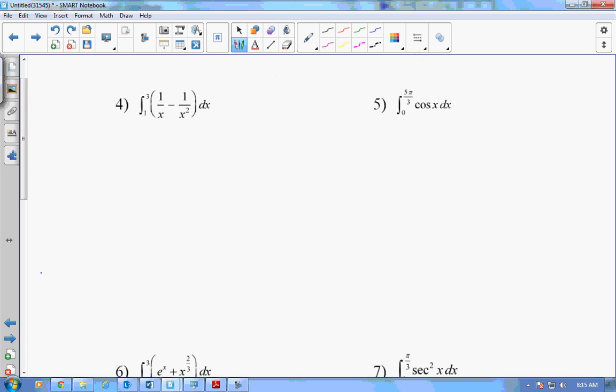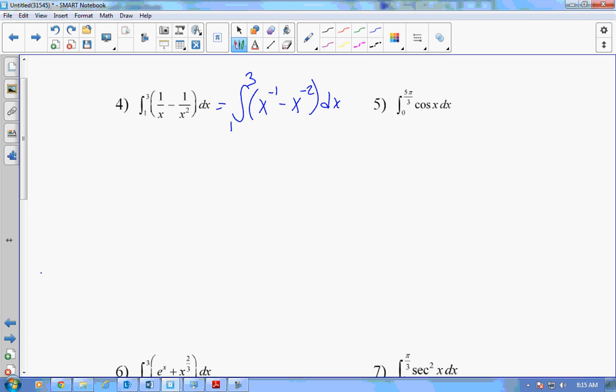Alrighty. If we were taking a derivative of 1 over x minus 1 over x squared, what would you do first? If we want, move them to the top. Same thing with integration, moving them to the top is easier. So this becomes the integral from 1 to 3 of, in parentheses, x to the negative 1 minus x to the negative 2 dx.